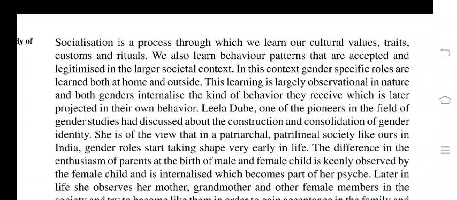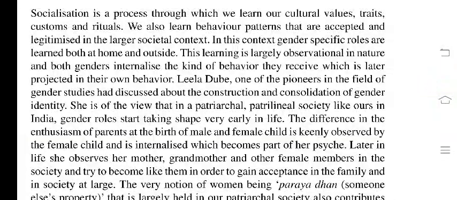Socialization is a process through which we learn our cultural values, traits, customs and rituals. We also learn behavioral patterns that are accepted and legitimized in the larger societal context. In this context, gender-specific rules are learned both at home and outside. This learning is largely observational in nature, and both genders internalize the kind of behavior they receive, which is later projected in their own behavior.